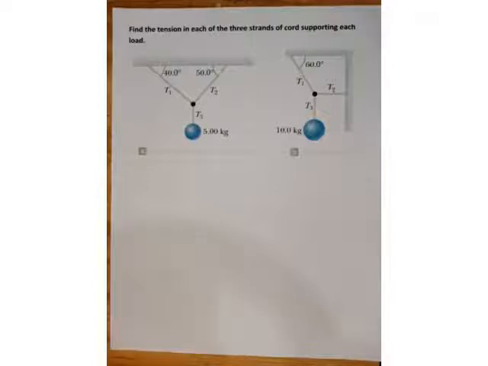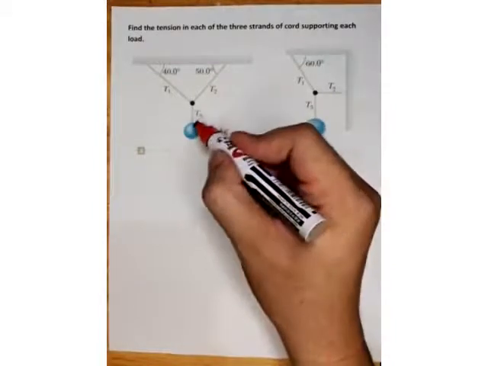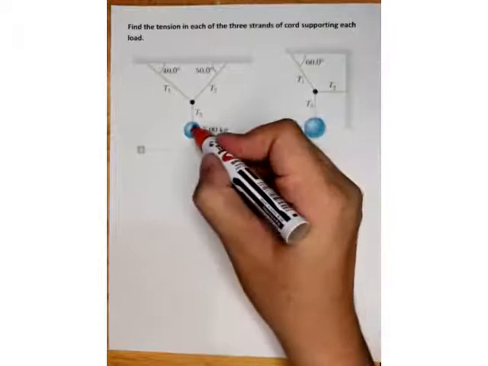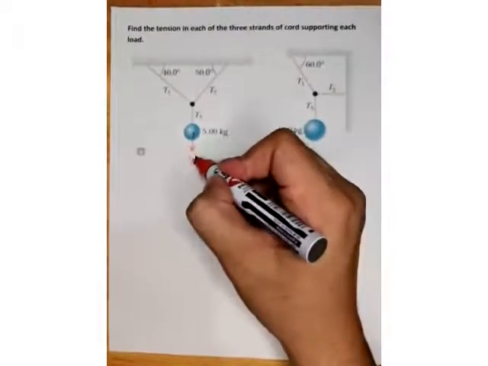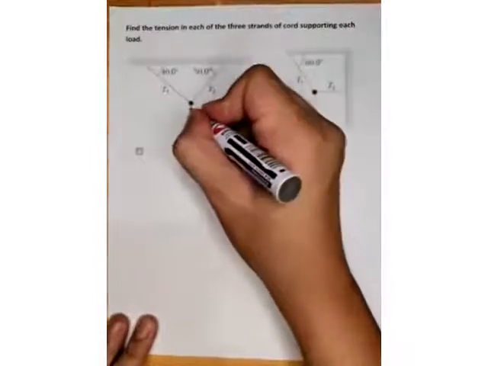So, isusolve natin yung A. Ang sisimulan natin ay sa 5 kilograms. Ano yung forces na nag-act sa 5 kilograms? Meron tayong weight at meron tayong tension, yung tension 3.